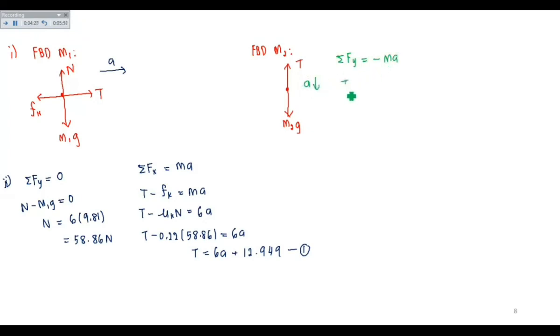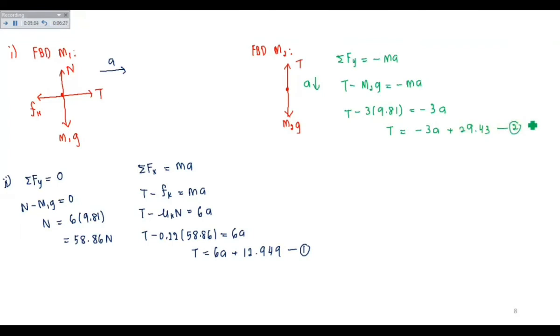So T minus M2G equals to negative ma. T minus 3 times 9.81 equals to negative 3a. So rearrange this equation, we'll get T equals to negative 3a plus 29.43. So this is our second equation.